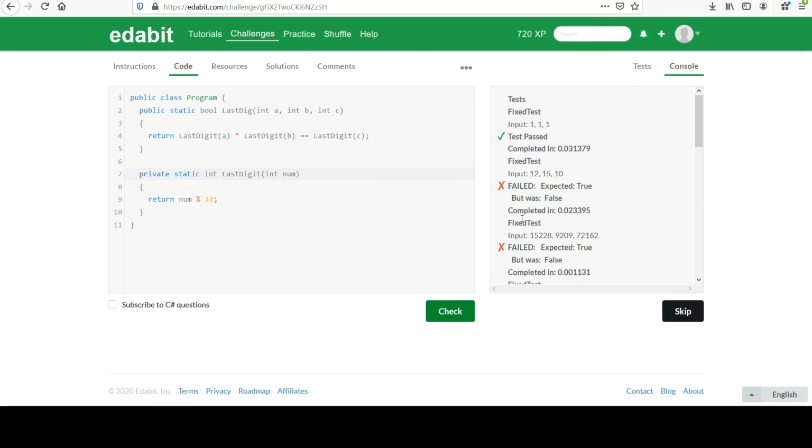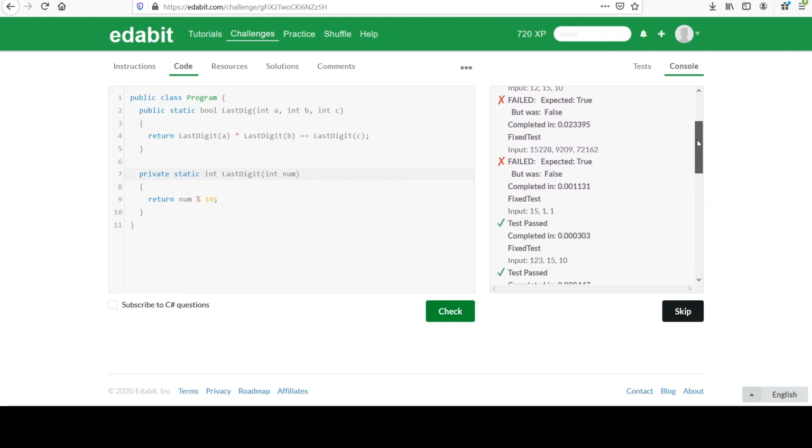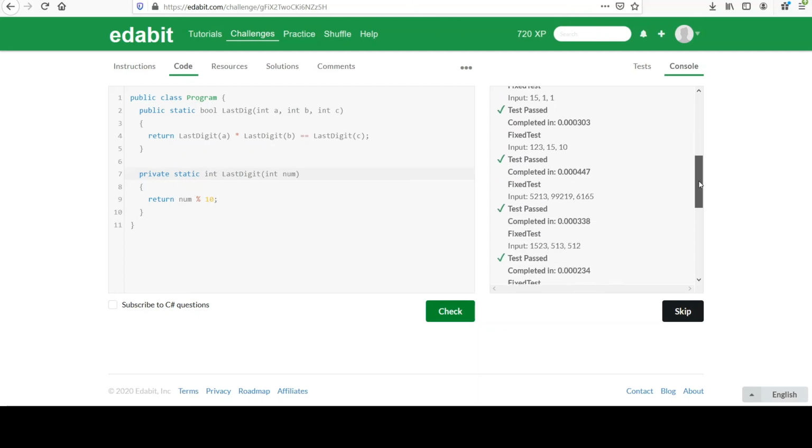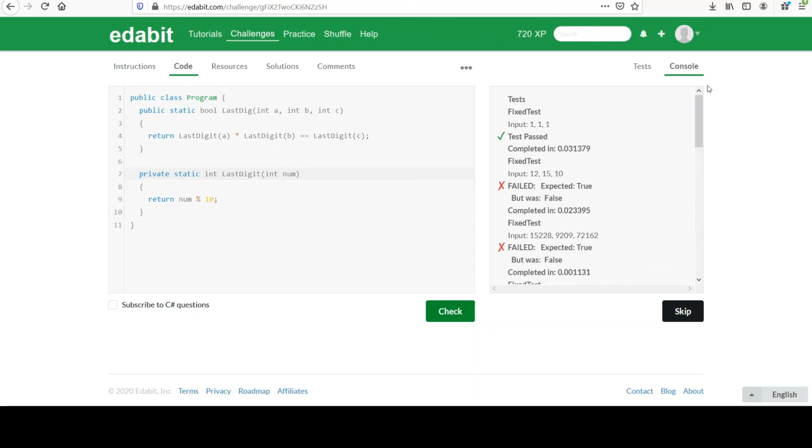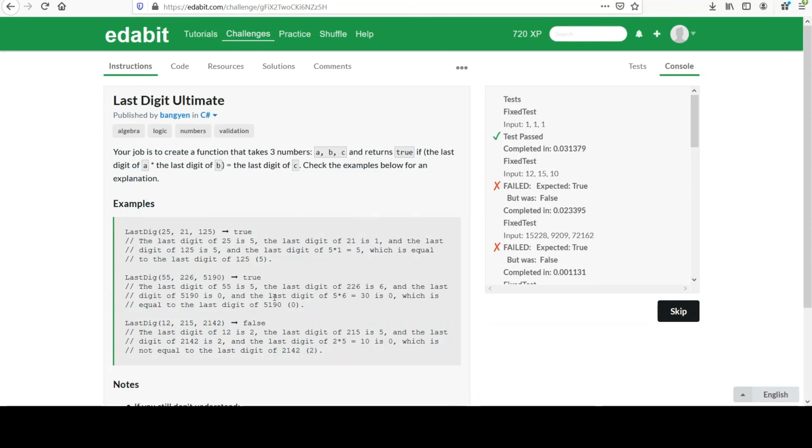Okay, notice we had one test pass where it worked out, where the multiplication didn't span more than one digit, but sure enough, in these other ones, no dice. If you recall from their instructions, they said you were actually taking the last digit of the multiplication.